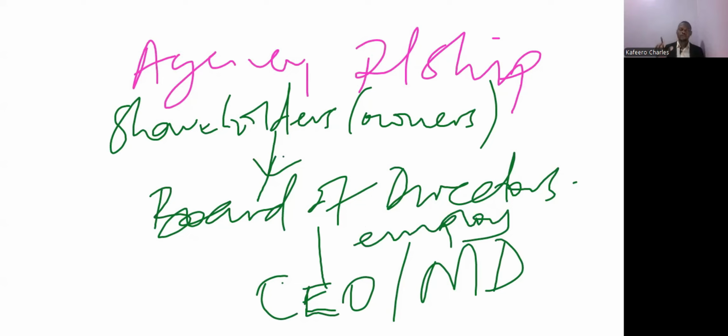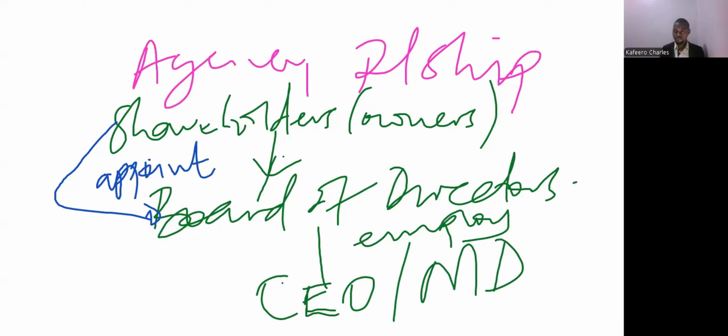But remember when we looked at agency relationships in our financial management on level 2, we said there is that first relationship of the shareholders and the board of directors. Here you appoint. The right word is they appoint.